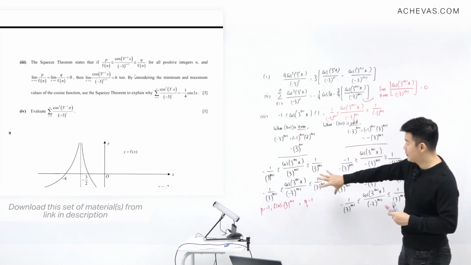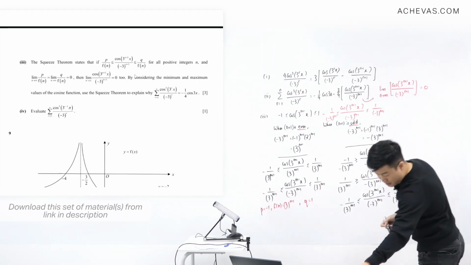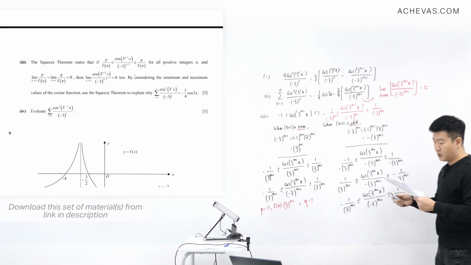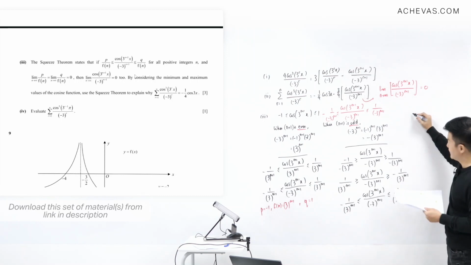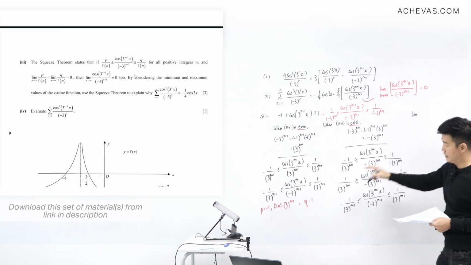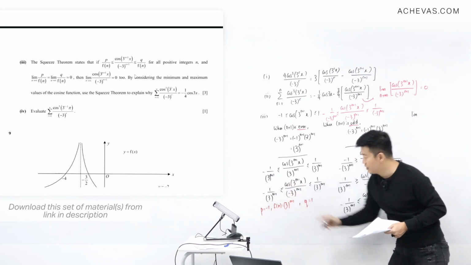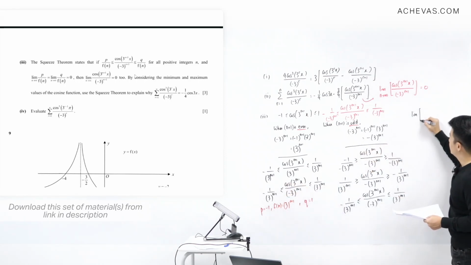So now we can discuss based on this expression over here. Our discussion will be, according to what the question says, the limit of this expression, which is negative 1 over 3 to the power of n plus 1 when n tends to infinity.